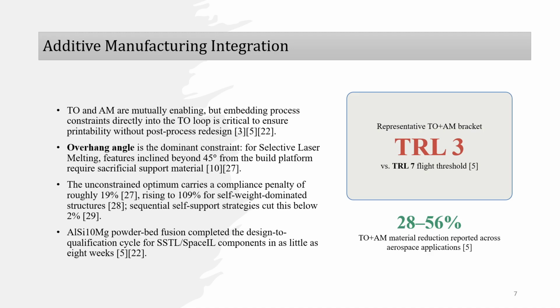This can reduce post-processing redesign and help move optimized parts toward qualification. Still, the technology readiness gap remains important, with representative topology optimized and additively manufactured brackets still far below the maturity required for flight hardware.